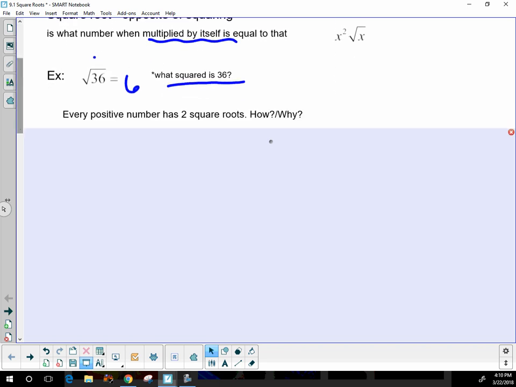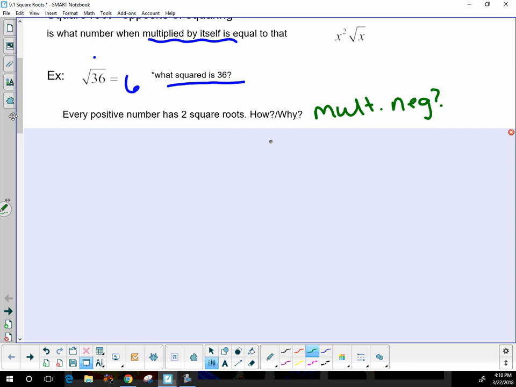Every positive number has actually 2 square roots. And I kind of want you to think about how or why for a moment. And I'll talk you through how and why in a moment. Okay, let me give you a hint. What are the rules of multiplying negatives?